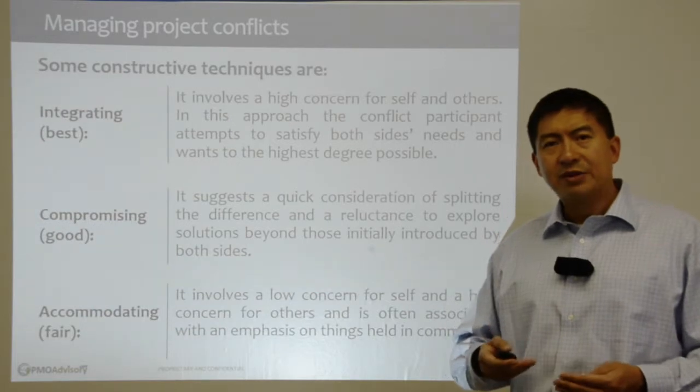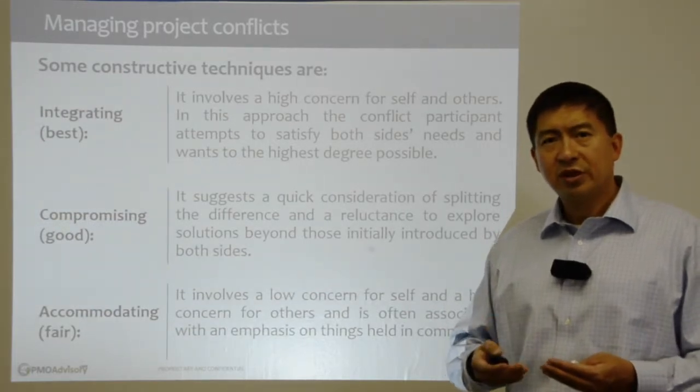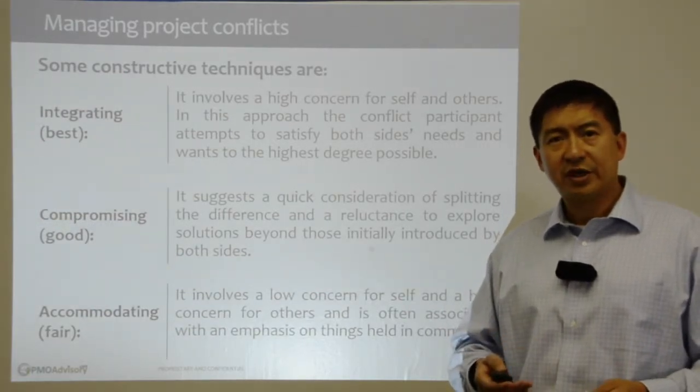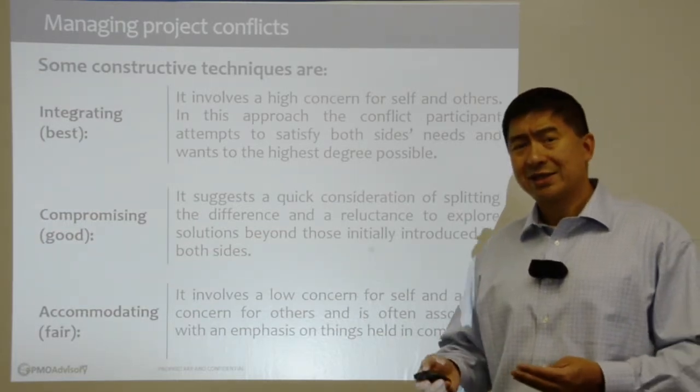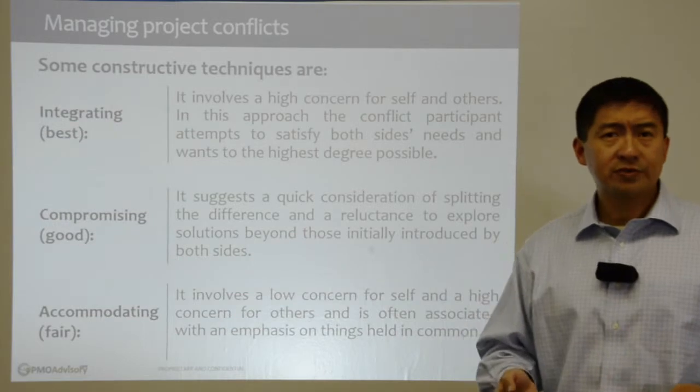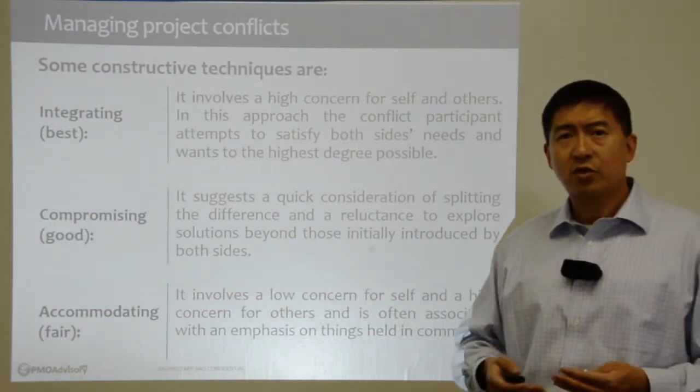Accommodating happens when your consideration for yourself, the interest, for example, is a little bit less than the consideration for others. And that happens in projects quite all the time.